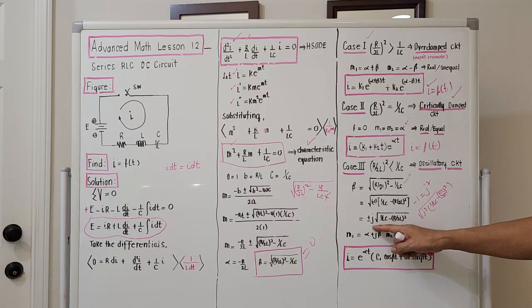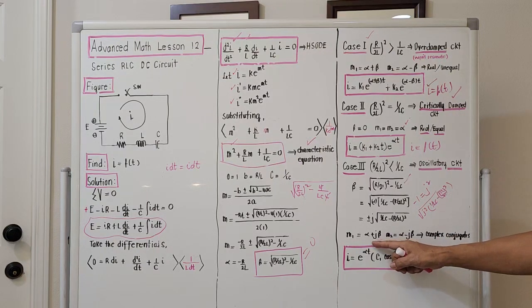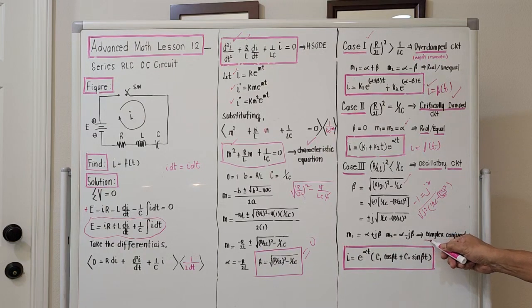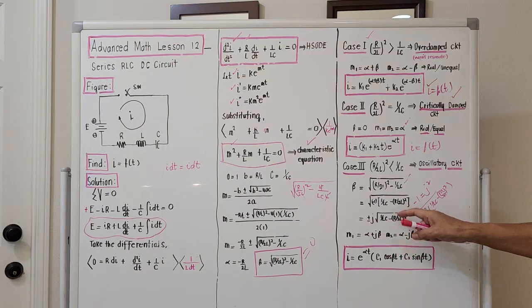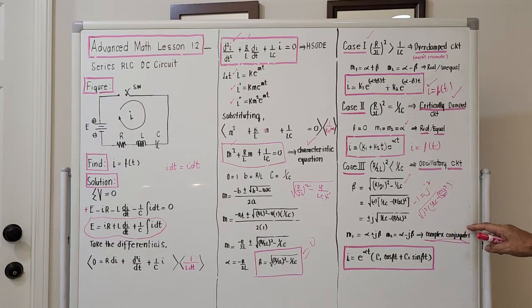There is a j here now, meaning it is complex: it has a real part and an imaginary part. And M2 is alpha minus j beta. We call them complex conjugates, because the real parts are the same and the imaginary parts are the same except for the sign on the second.